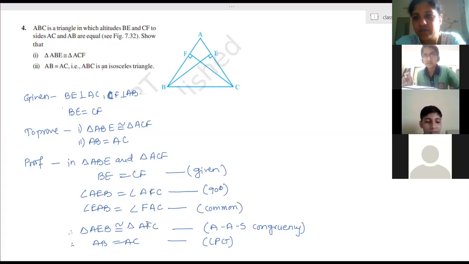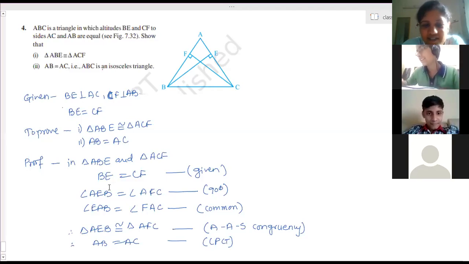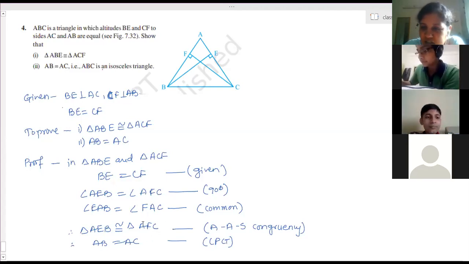Ma'am, but in school, ma'am told everything should be in order. Yeah, this is in order. AEB and AFC are in order. Only I have changed the name here, and according to that, the other triangle's congruency is written in the same order.